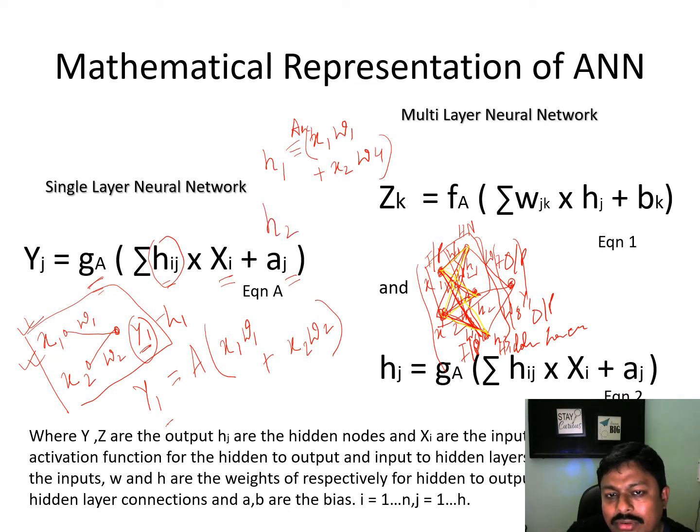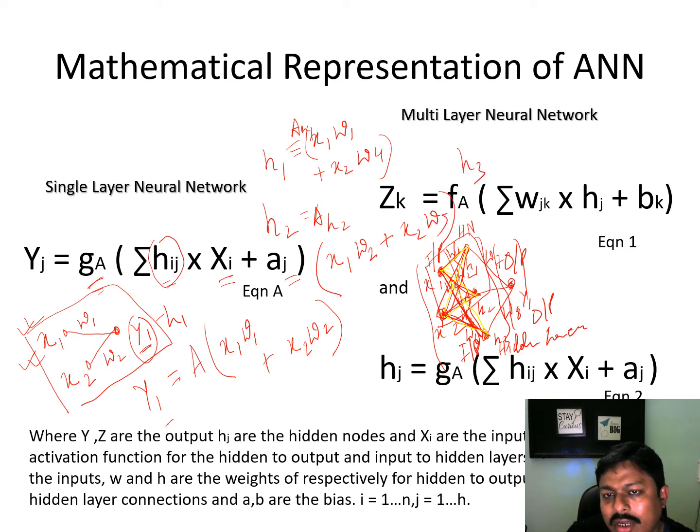Then H2 will be the activation of the same input X1, but the weights will change, W2 plus X2 into W5.